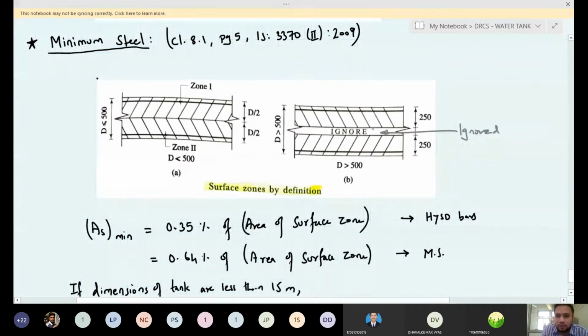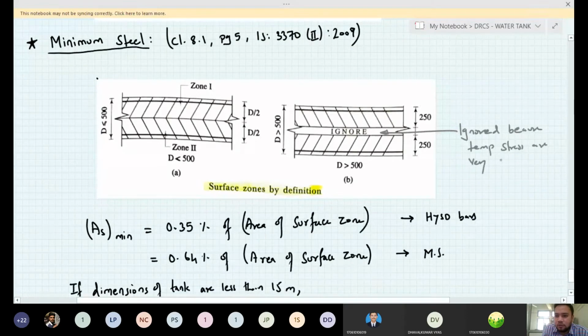We don't provide any minimum steel in the core portion because temperature stresses are very small. The temperature stresses are mainly on the surface.